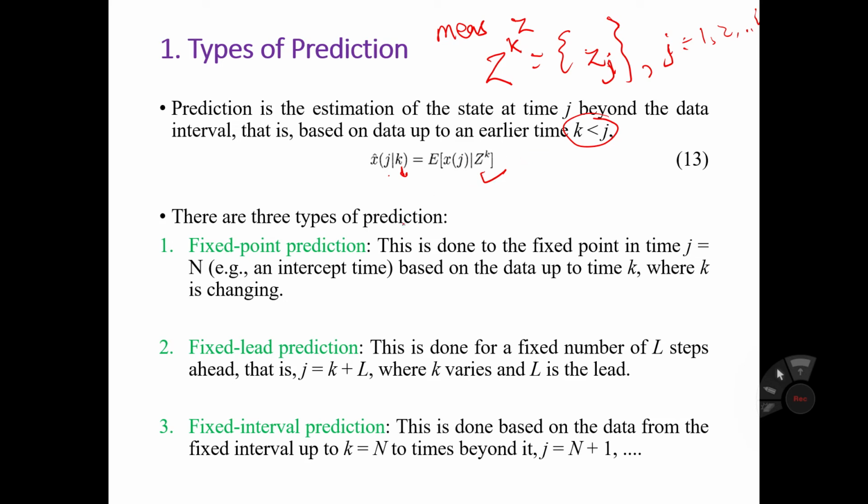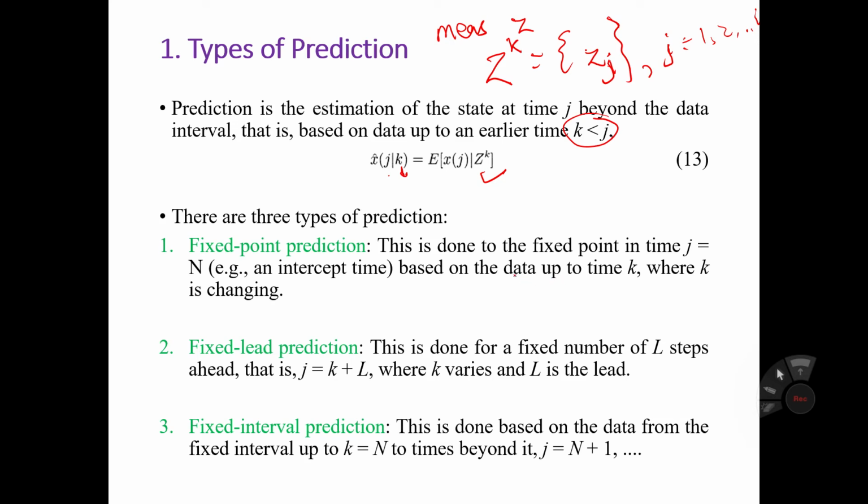There are three types of prediction: fixed point, fixed lead, and fixed interval prediction. Fixed point is fixed at a point in time, j equals n, that is the intercept time based on the data.